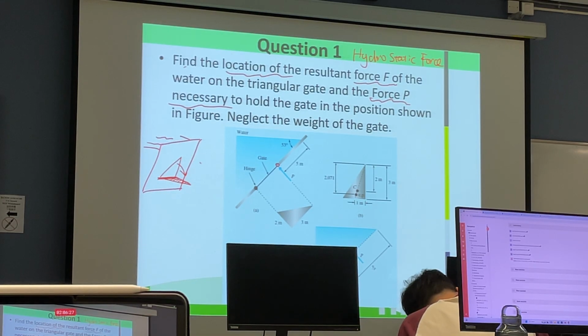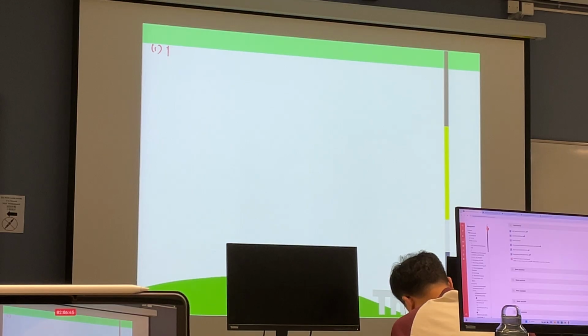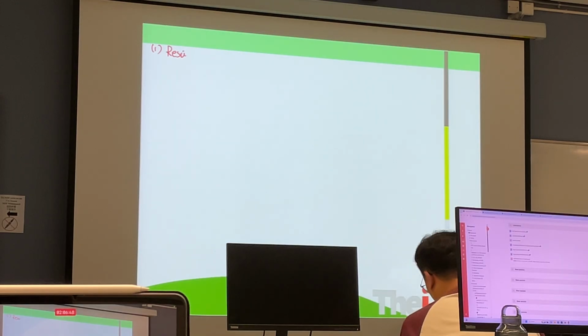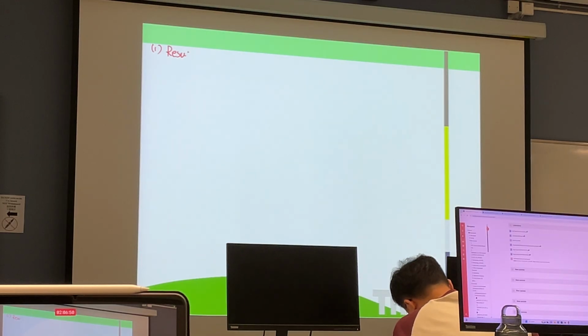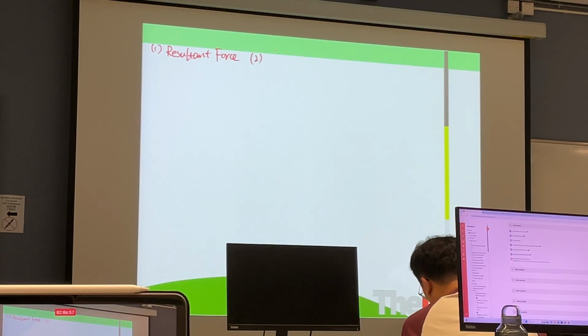To estimate this kind of question for the hydrostatic force on a plane, we mainly have 3 steps. One is the hydrostatic force, the resultant force. The second step is to find the center of pressure.